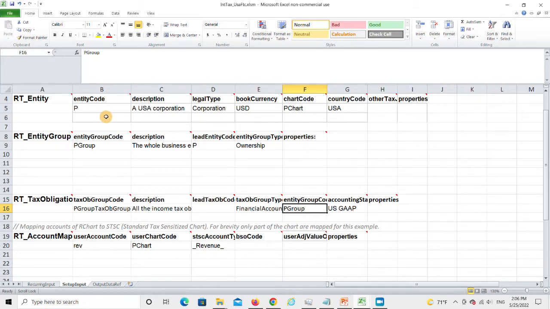Additionally, we tell the engine that there is a group of entities which has P as the parent company. And further, we tell the engine that we do want to calculate taxes for the group as a whole.